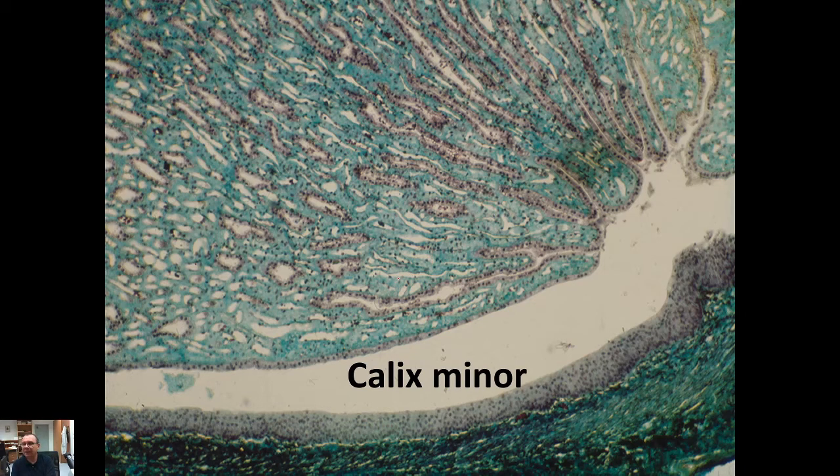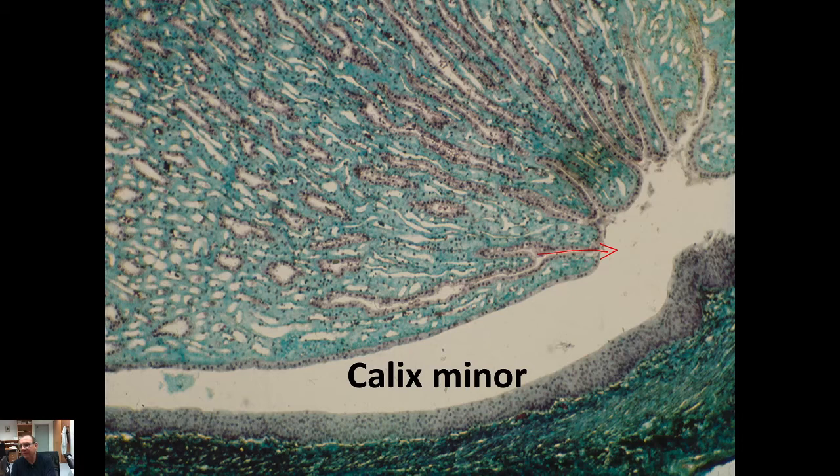They are starting in the renal sinus as minor calyces. The transitional epithelium there is quite thin, mostly at the site of renal papilla. You can see papillary ducts going to the renal minor calyx.